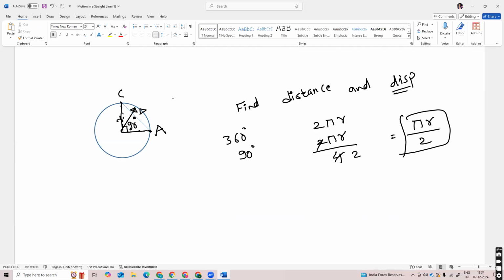Since this angle is 90, this length is radius r, and this length is also equal to radius r. So the hypotenuse is basically the displacement or shortest distance between A and C. So displacement can be given as square root of r square plus r square, so it is equal to root 2 r.